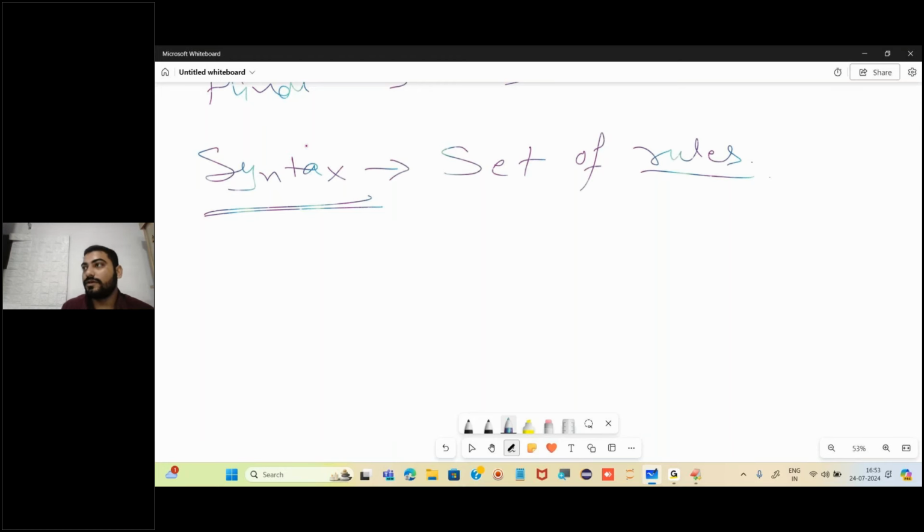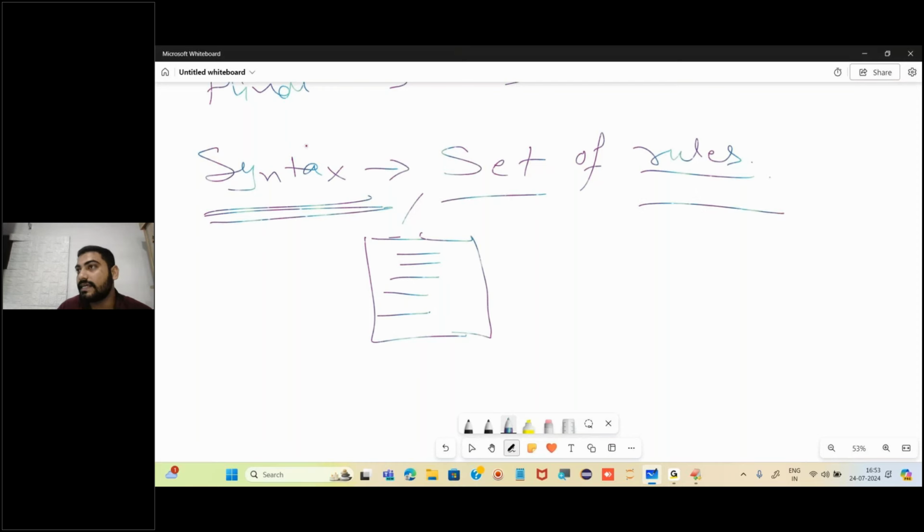No. So there should be a structure for everything, with proper rules to be followed. In programming language also there is a set of rules, and we have to follow these rules while writing the program.